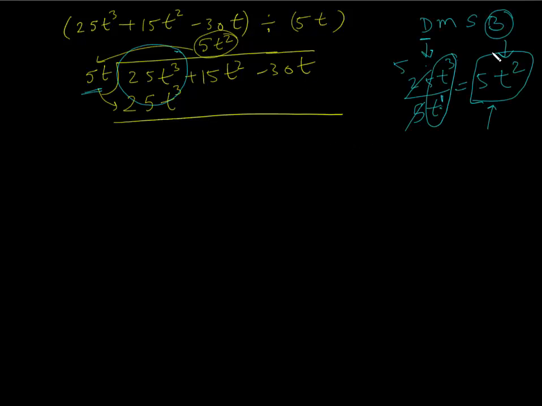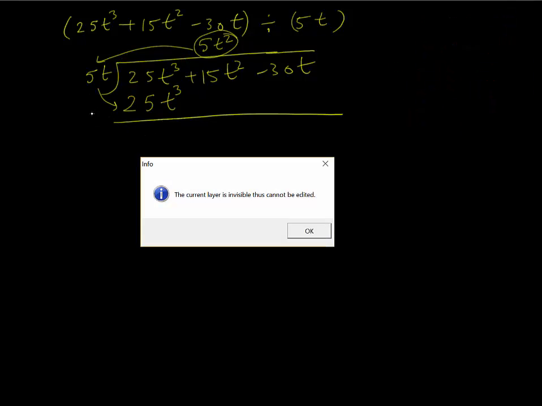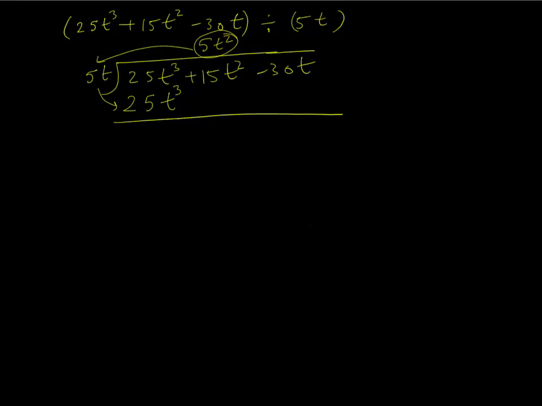So now let's subtract. 25t cubed minus 25t cubed is 0. Now we're going to bring the rest of the polynomial down, so 15t squared minus 30t. And then the whole process starts all over again.